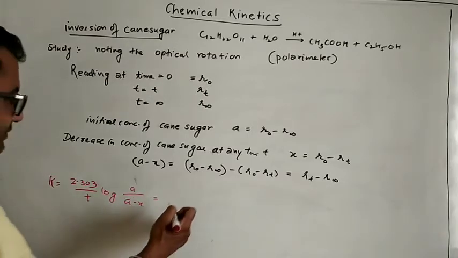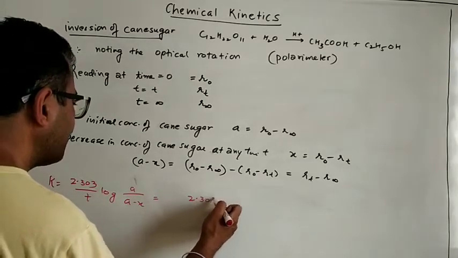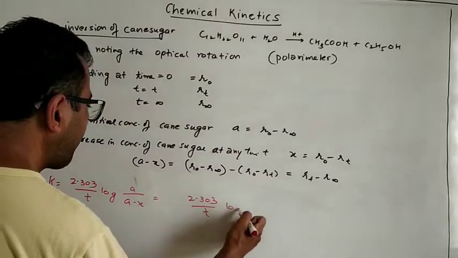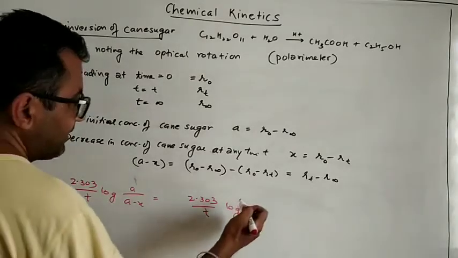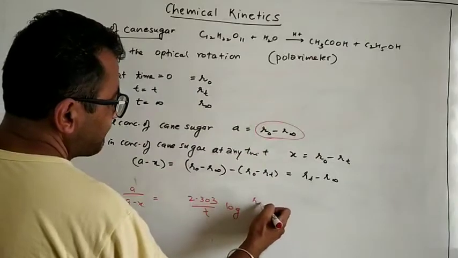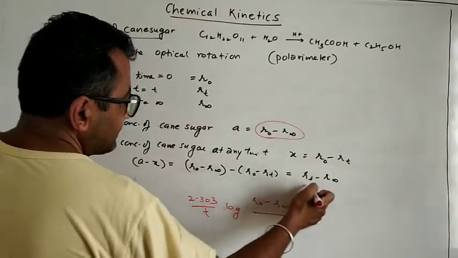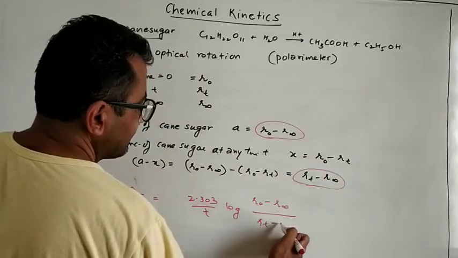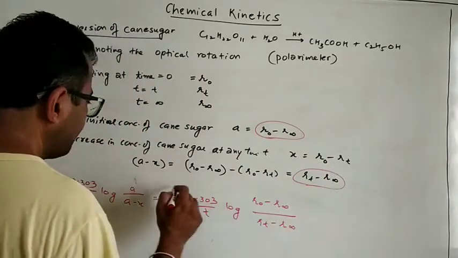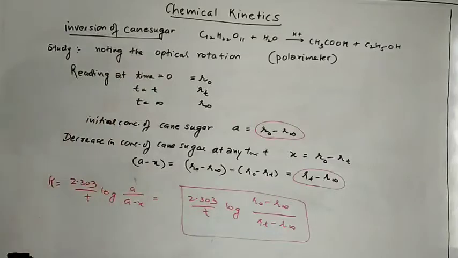So just put the values: k equal to 2.303 by t log of r naught minus r infinity over rt minus r infinity. This is the value of the rate constant k for the inversion of cane sugar.